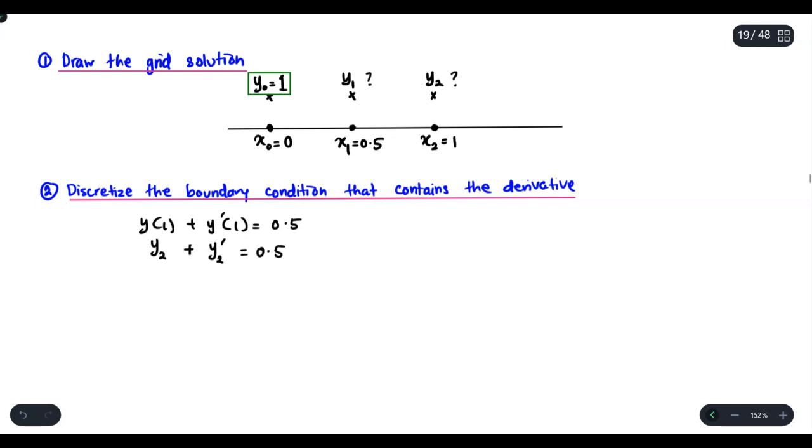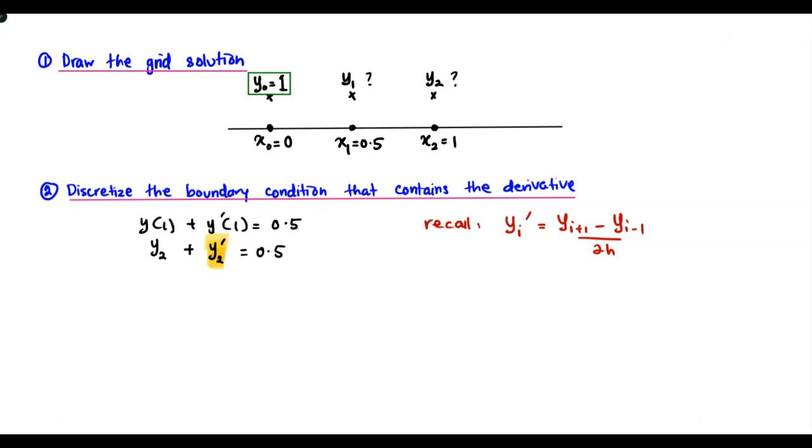Now our concern is y2 prime, because we want to replace that term with the finite difference formula. If you can recall, yi prime in general is given by (y(i+1) minus y(i-1)) over 2h. Now if we map y2 prime with yi prime, we know that our i is 2.